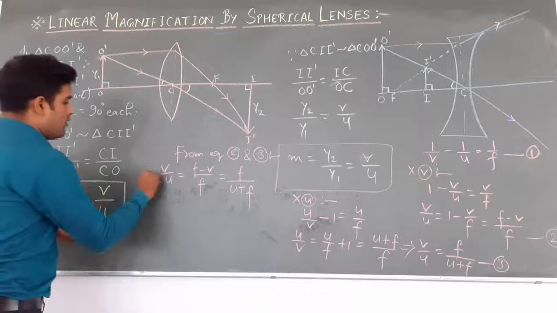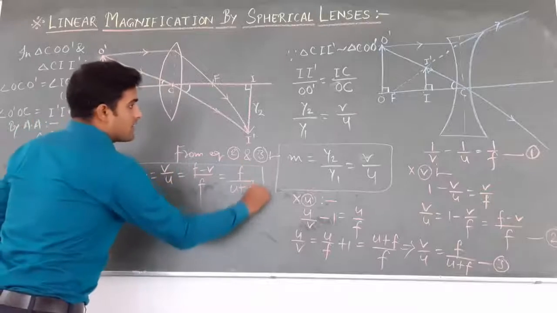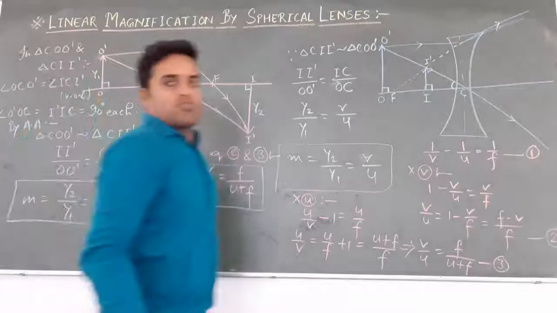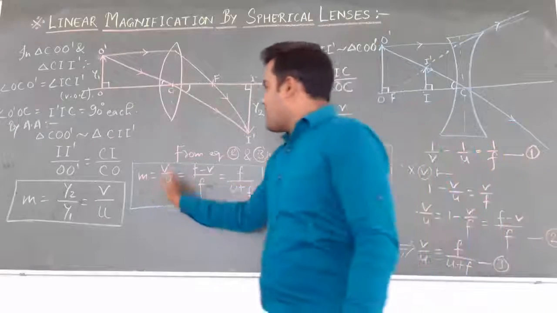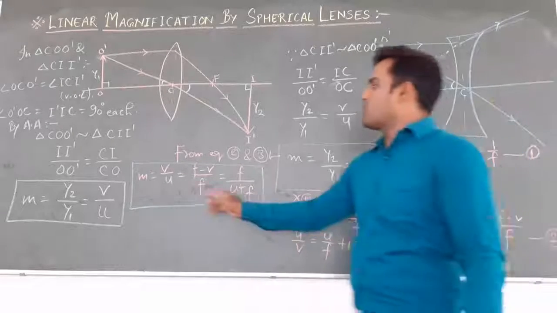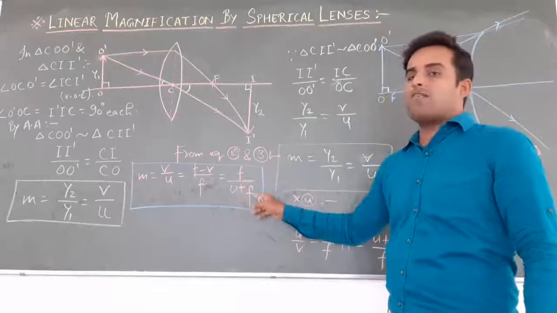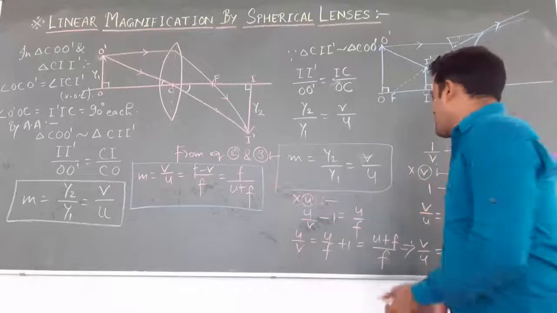This is equal to M, and this is our final result. So the other formulas of linear magnification: M is generally V by U, and this is the second and this is the third one. M is equal to V by U is equal to (F minus V) upon F is equal to F upon (U plus F). Somewhere in solving numericals we can use these formulas also.